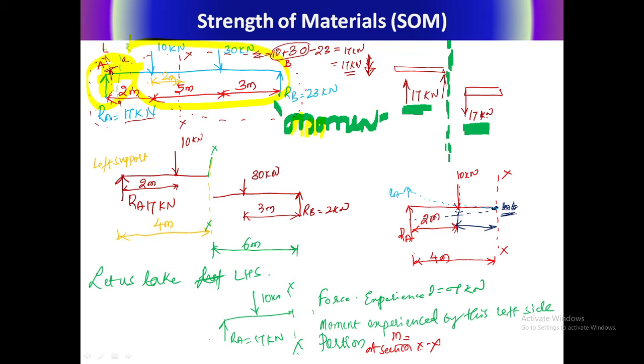What is the movement about this point? It is RA into 4. If we take clockwise movement as positive, then the 10 kilonewton tries to make it anti-clockwise, so minus 10 into 2. Now let us substitute. RA is 17, and 10 into 2. Now someone calculate how much you are going to get.